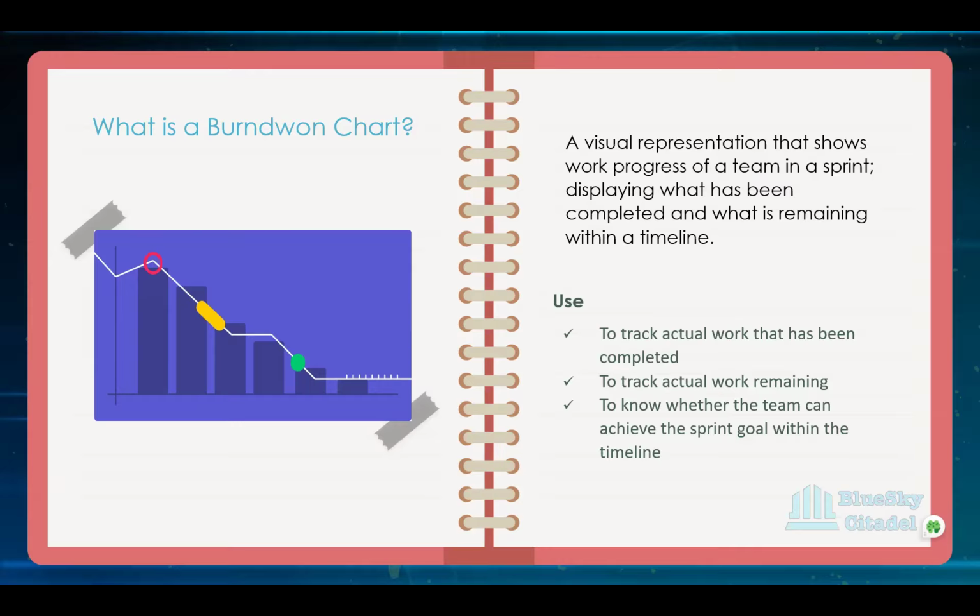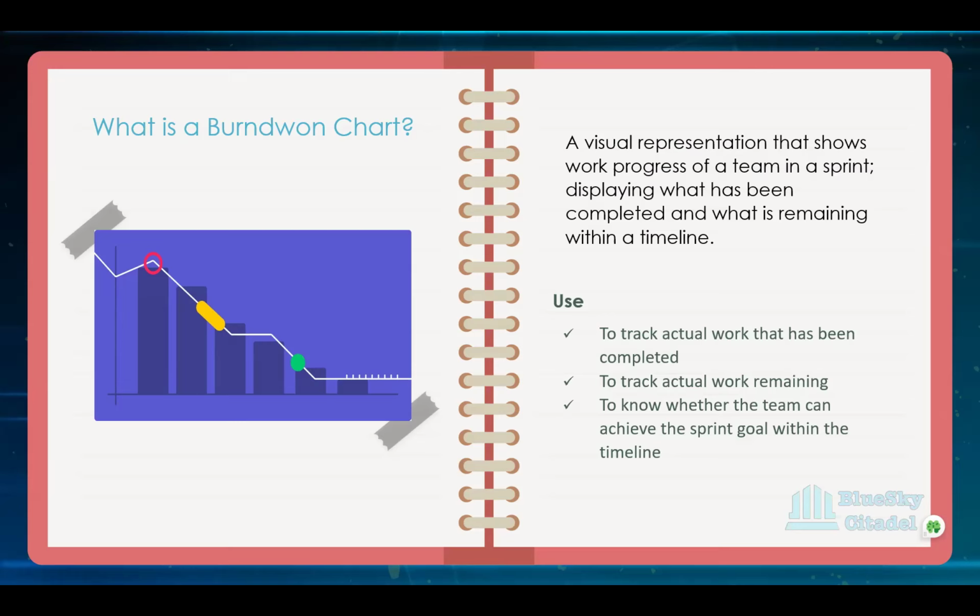Okay, and then when you look at the uses of a burn down chart, why do we need to use a burn down chart? It helps you to track actual work that has been completed. So you're able to see we committed to 10 PBIs, and maybe mid sprint we've done 4, or mid sprint we've done 3.